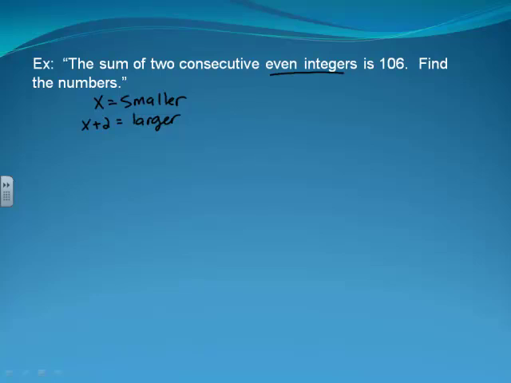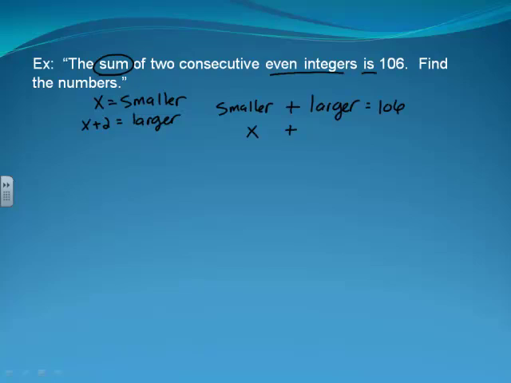Once you have that set up, look at what the problem is saying. It's saying the sum of those two numbers, in other words, the smaller even integer plus the larger even integer, because that's what sum means, equals 106. So put your representation in for that. Your smaller number we said was x.